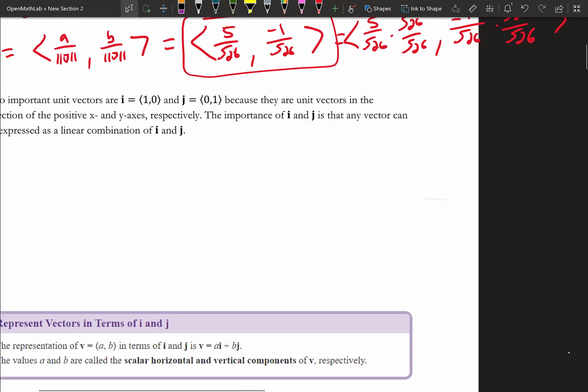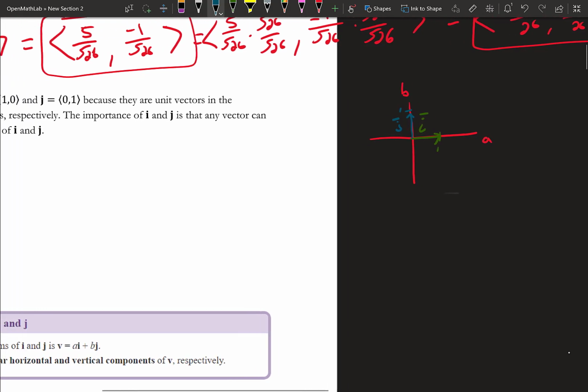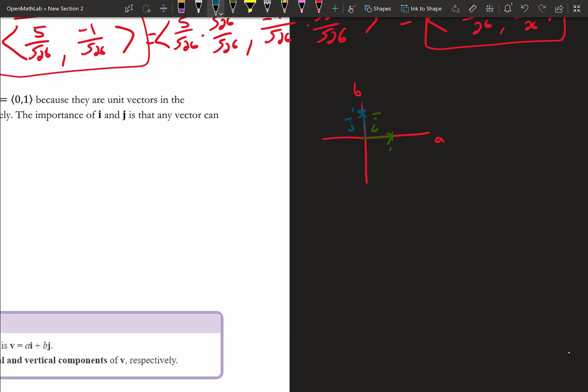In other words, if this is a coordinate system, we'll say a comma b, then i would just look like this, and j would look like this. So i is just one unit in the x direction, and j is one unit in the positive y direction.